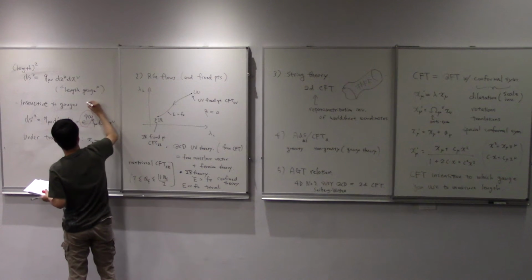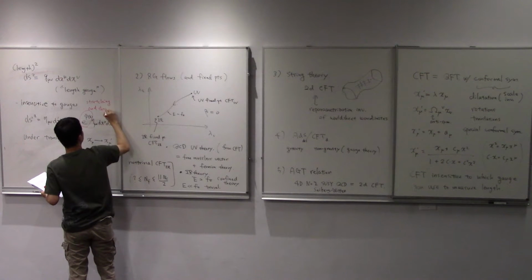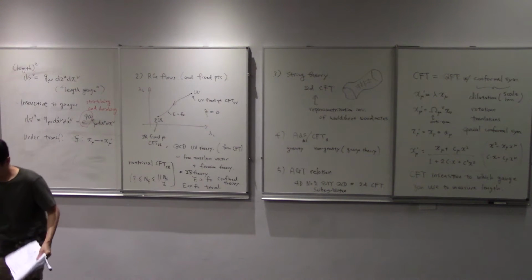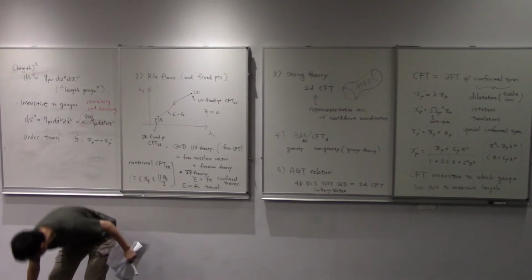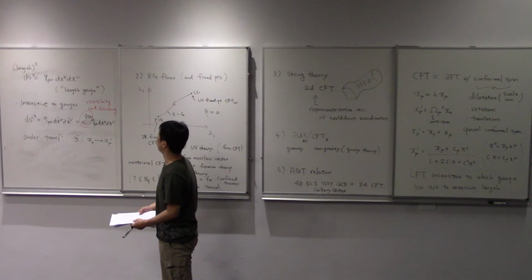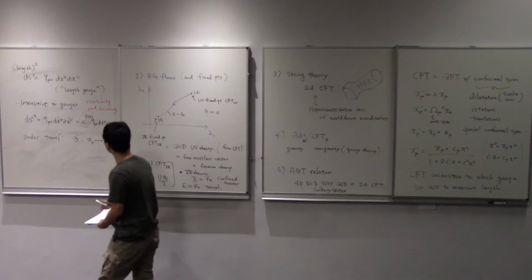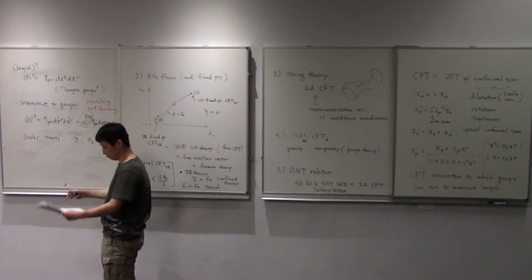And this is like stretching and shrinking. So you have some gauge like this, and then you stretch or you shrink, and even if you do that, this theory does not care. So this is what I mean by conformal symmetry.